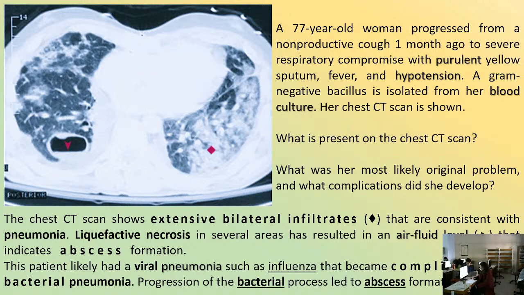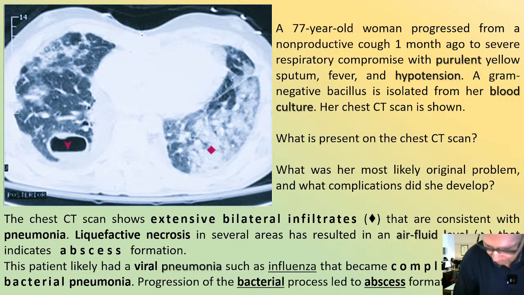However, during the course of the viral pneumonia, another infectious factor superimposed the case, and we have another factor of inflammation as well, and this should be a bacterium. This justifies the formation of the abscess. So the progression of the bacterial process has led to the abscess formation.